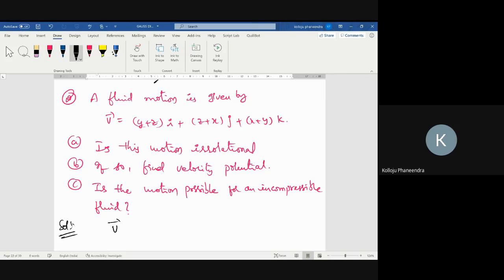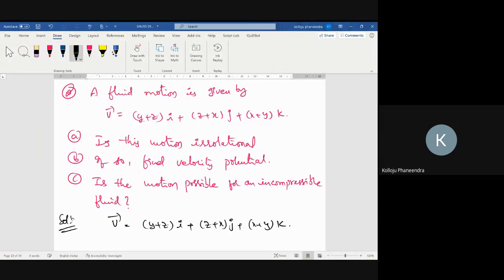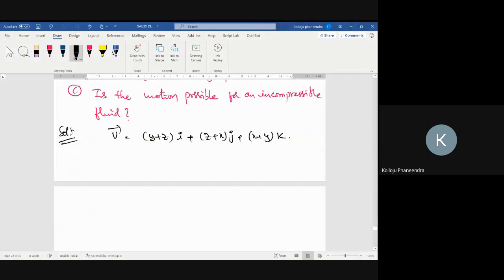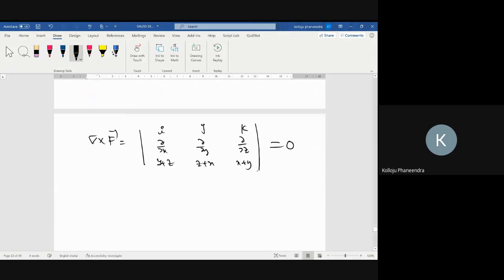Solution. First, v bar is y plus z i, z plus x j, x plus y k. First one: is the motion irrotational? So find del cross f bar, which is the determinant with i j k, dou by dou x, dou by dou y, dou by dou z, y plus z, z plus x, x plus y. You calculate this, definitely you will get 0.